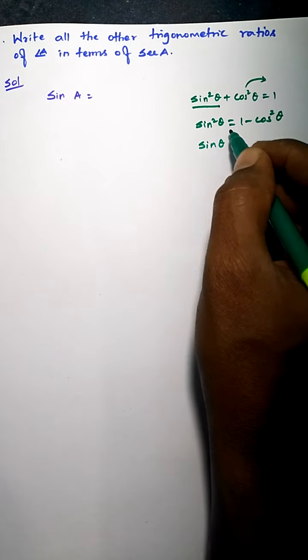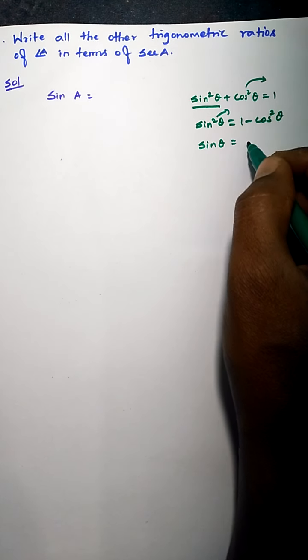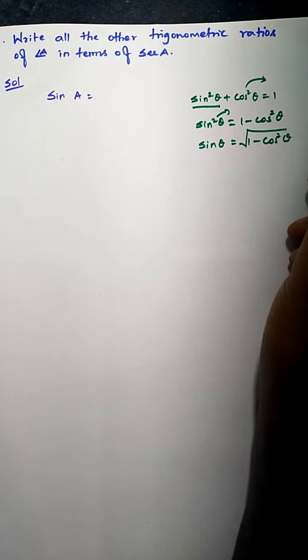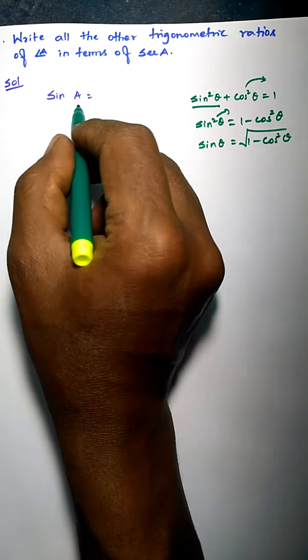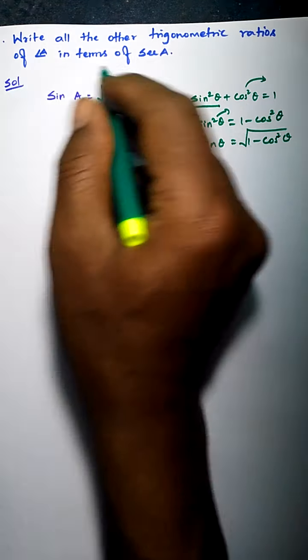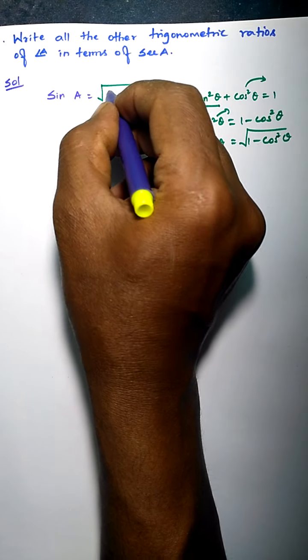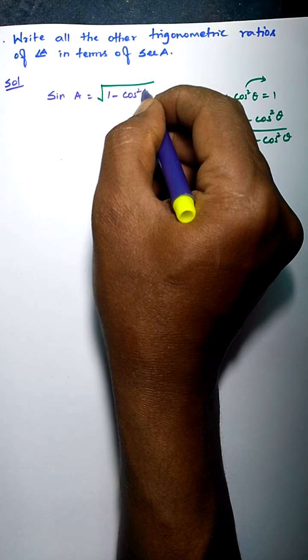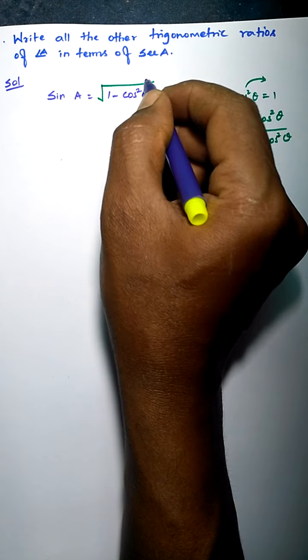Sine theta, if you want, take the square to the opposite side, then root of 1 minus cos square theta. So sine theta, what you can write now, root of 1 minus cos square A.